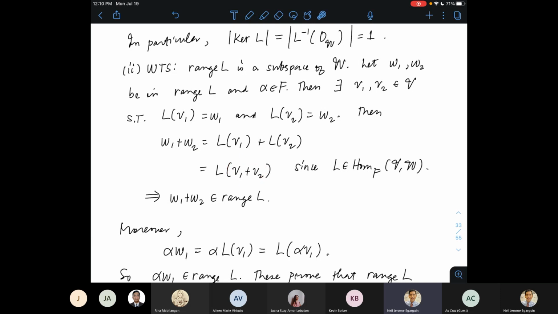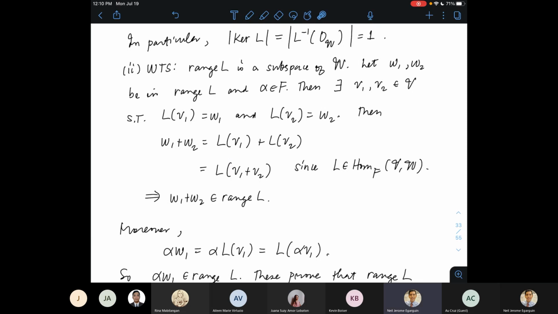But obviously V1 plus V2 are in the domain V, right? By closure of V under vector addition. And therefore W1 plus W2 is in the range of L. And that is true because we have found an element of the domain, namely V1 plus V2, whose image under L is W1 plus W2. Okay? And now that's closure under addition.